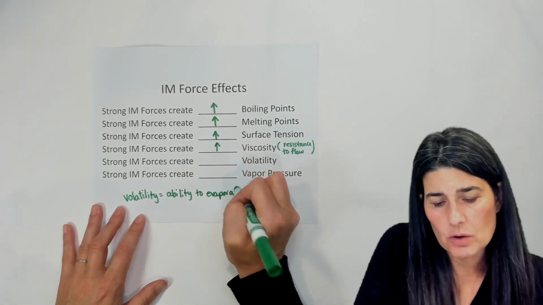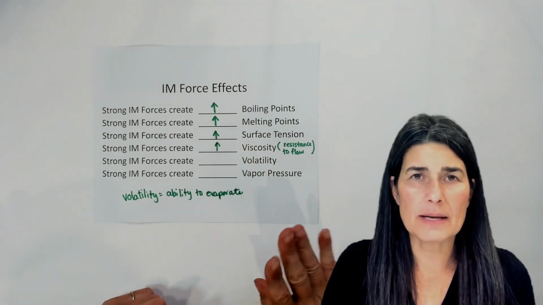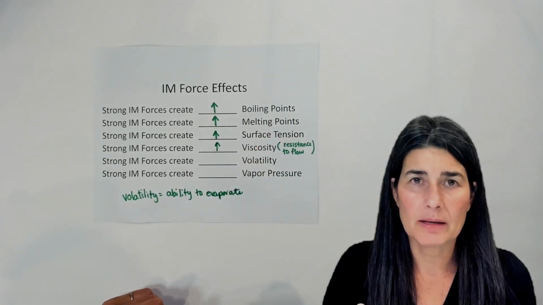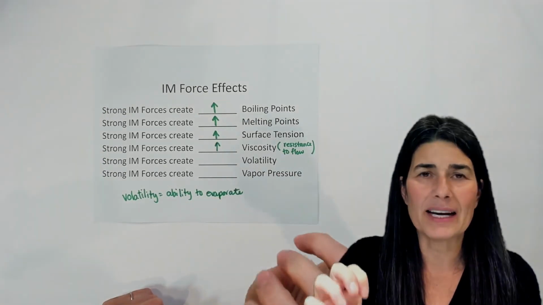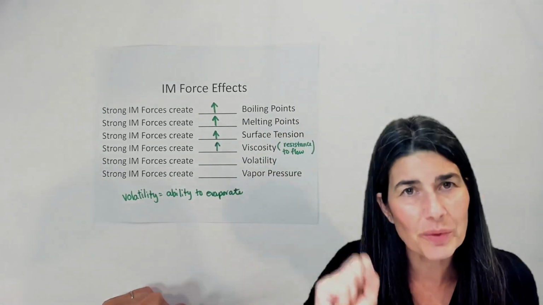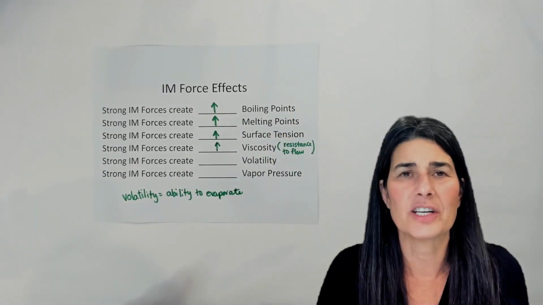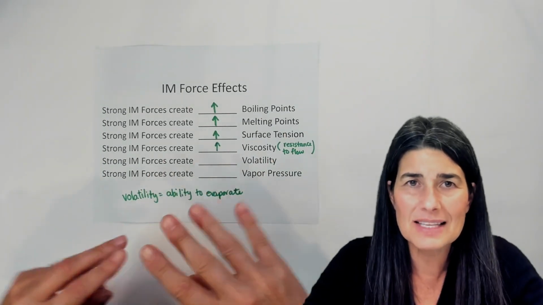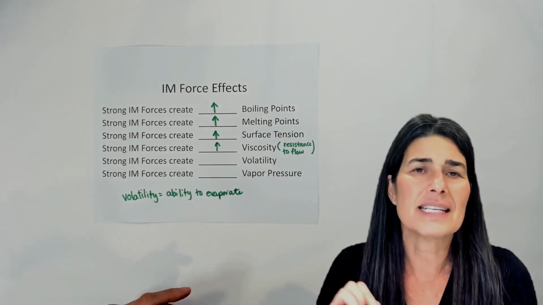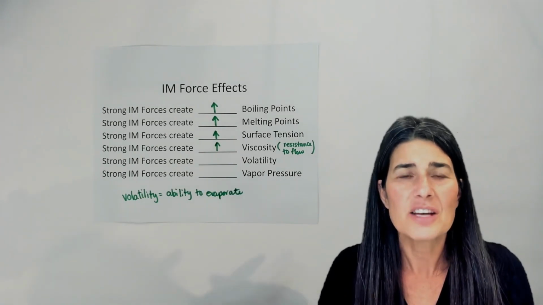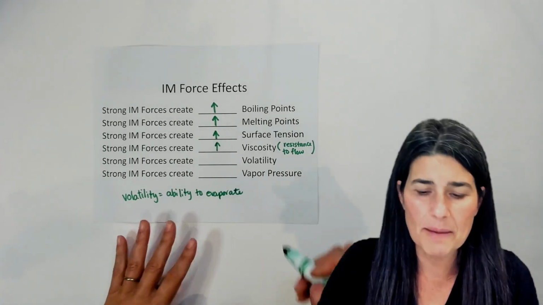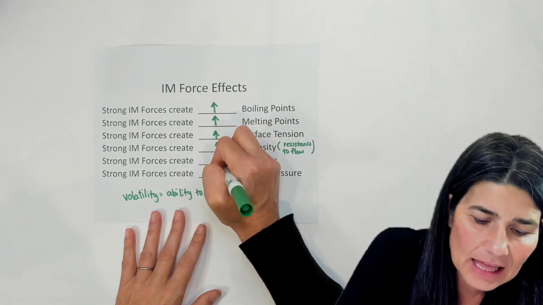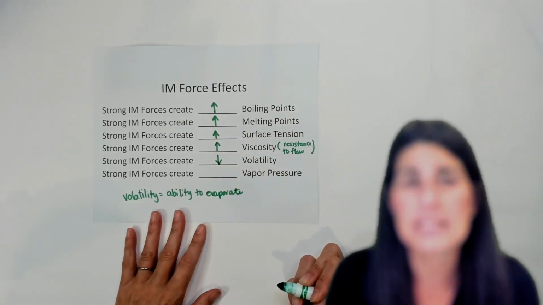Okay, so if a substance is going to evaporate, it's best if those forces are weak. Then it can leave one another. So if you have strong forces, that substance does not want to leave itself. It does not want to evaporate. So if it doesn't want to evaporate, it will have a low volatility.